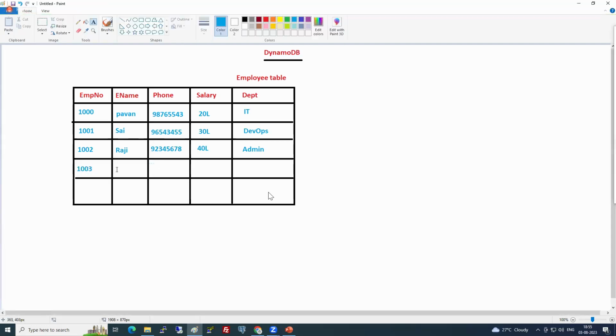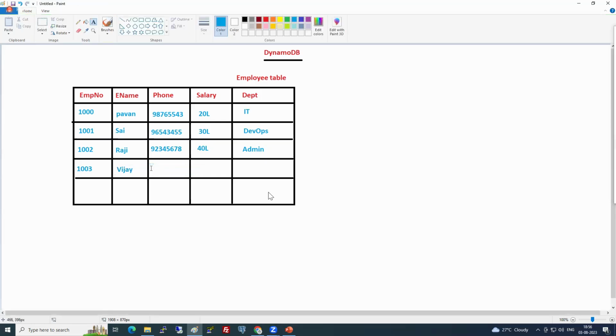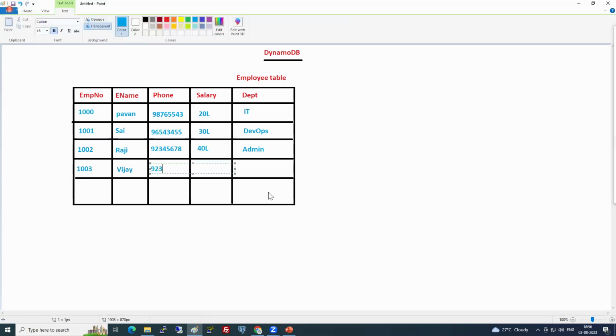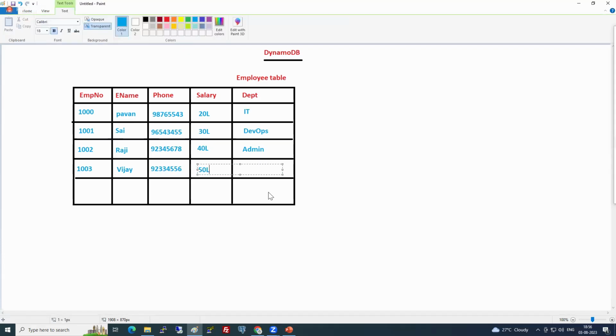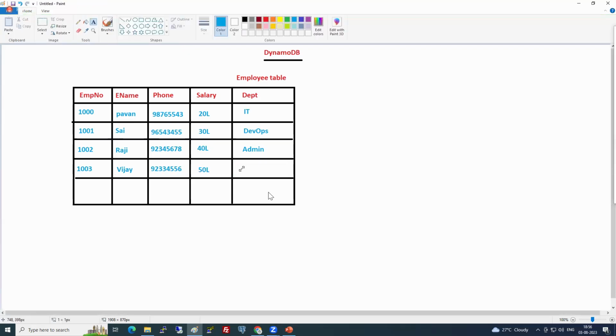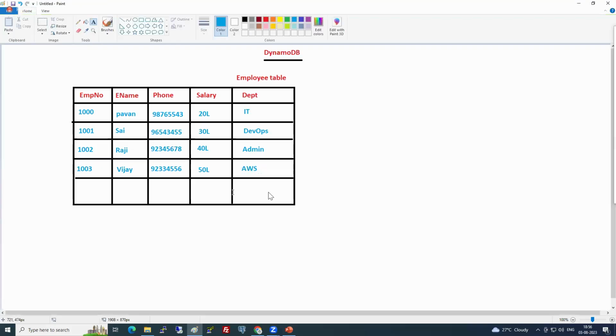Who is the luckiest guy? We'll take the online guy. Vijay, some random name. Finally 50 lakhs. Which department? AWS. You will get it, no? Right? Obviously.